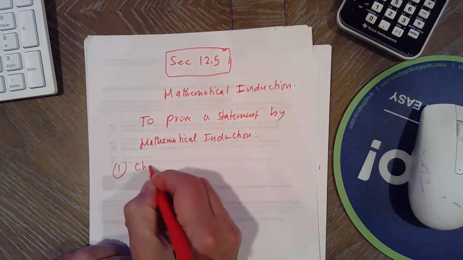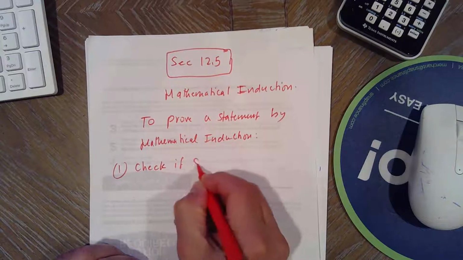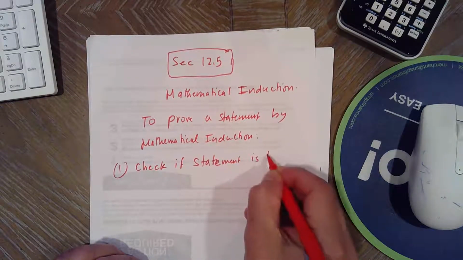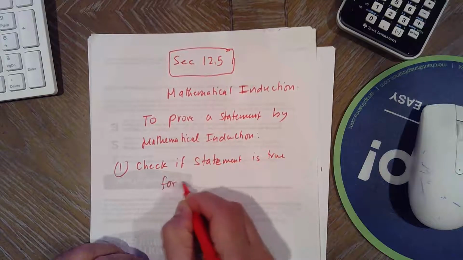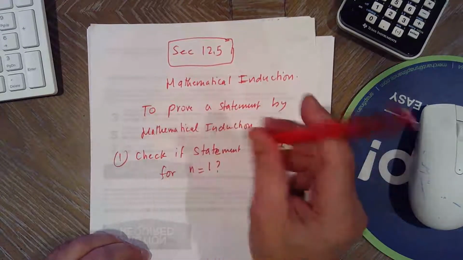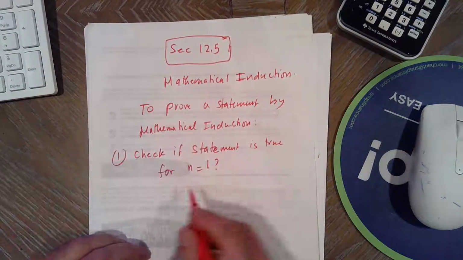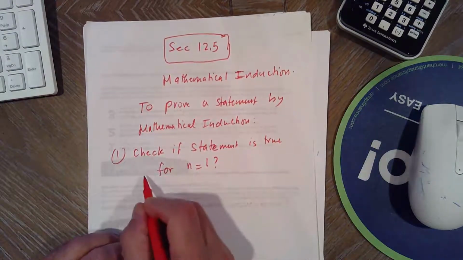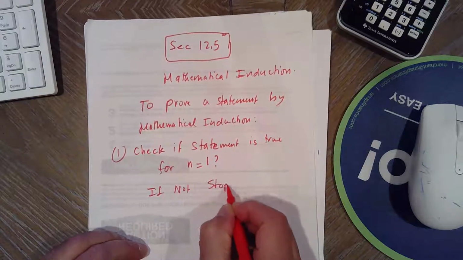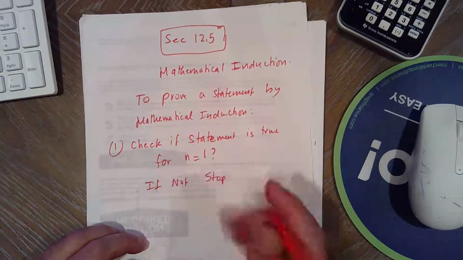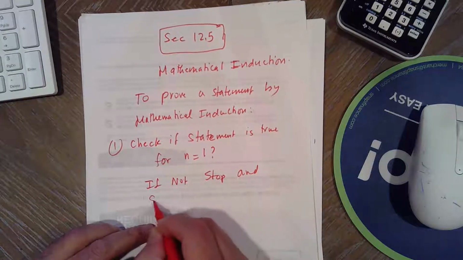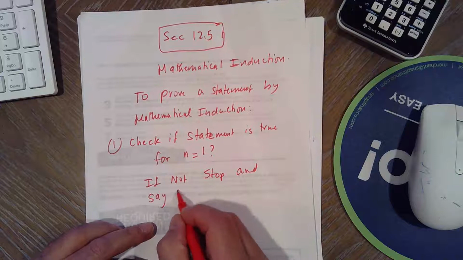Check if the statement is true for n equals 1. You push the first pen to hit the second pen, and so on. If not, stop. So if the statement is not true, if you cannot push the first pen, then stop and say that the statement you're trying to prove is not true.